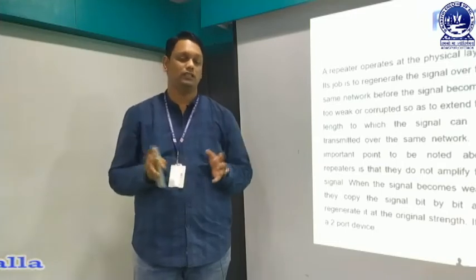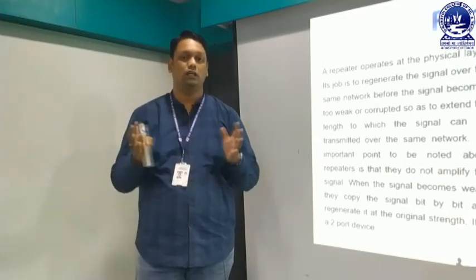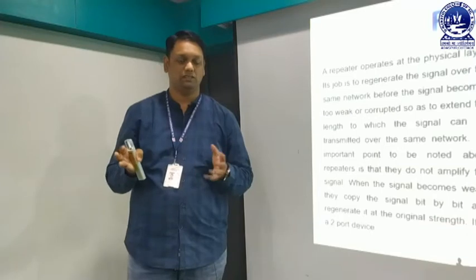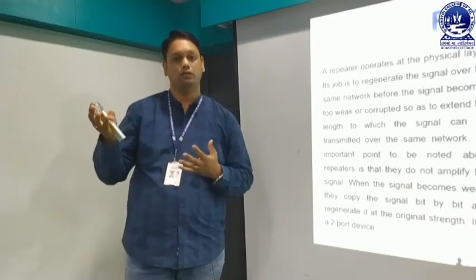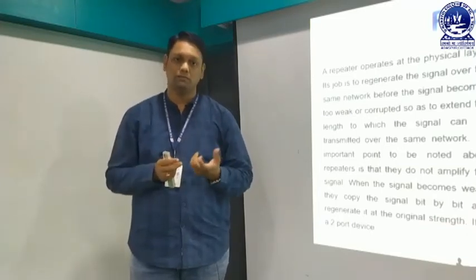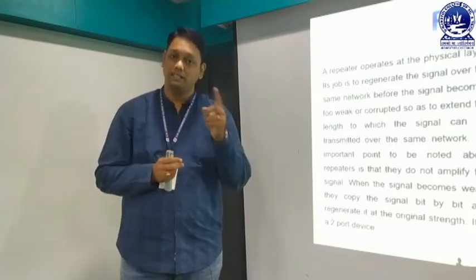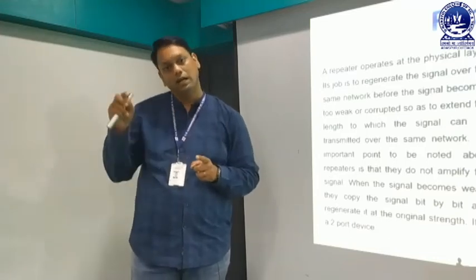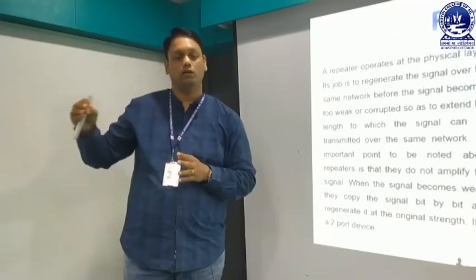So it is not necessary that the sender and receiver will always be in nearby places; maybe they are far away from each other. At those times the energy of the wave decreases as it travels from one location to another.